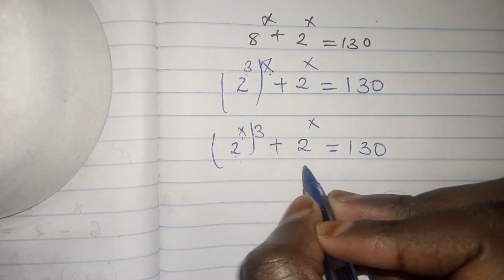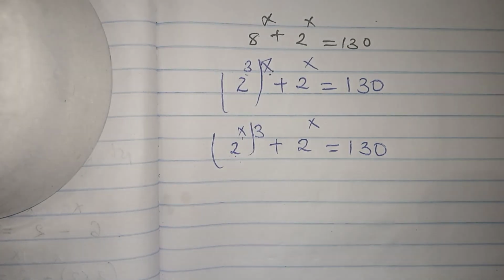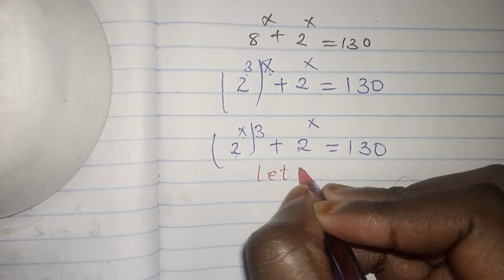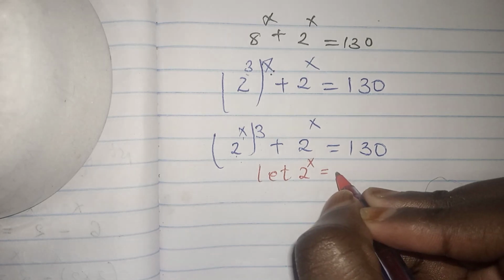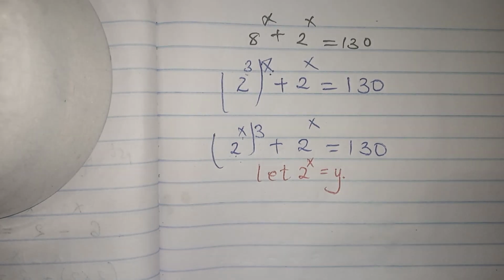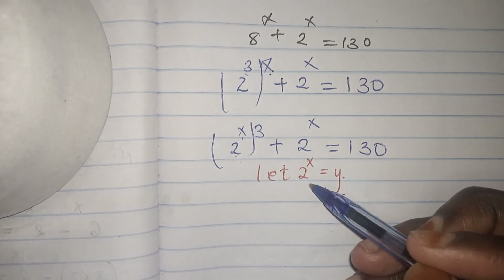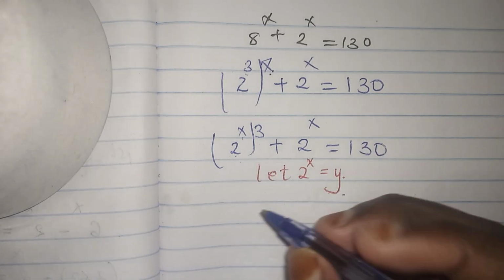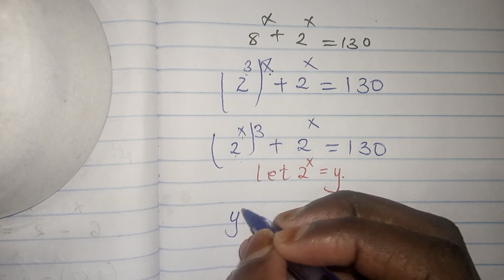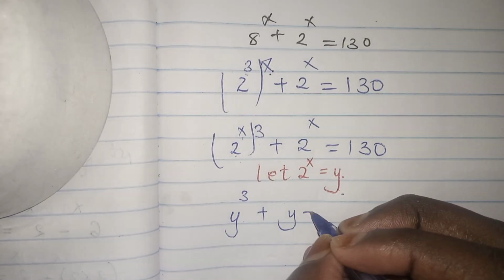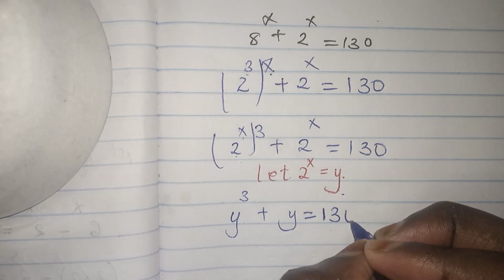We can say let 2 to the power of x be y. So we shall substitute 2 to the power of x with y in this equation. So this becomes y cubed plus y is equal to 130.